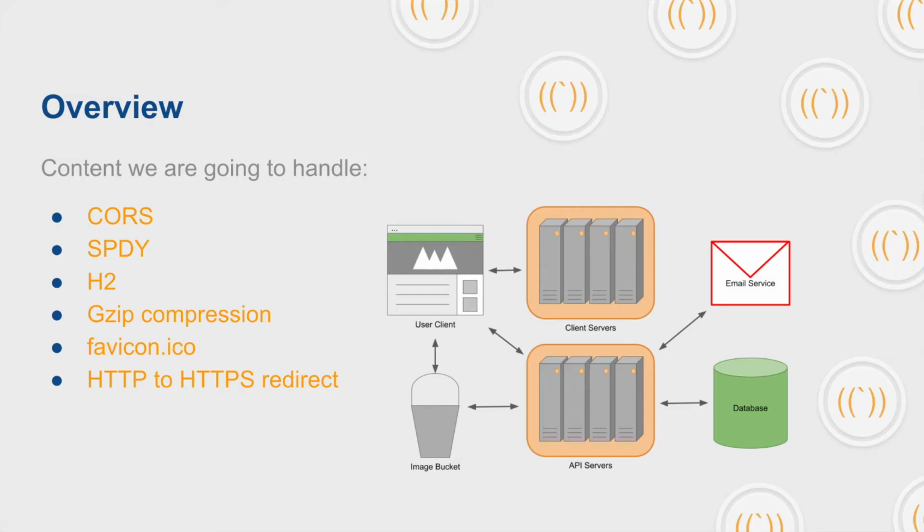The content we are going to cover today on each platform is going to be CORS, Speedy, H2, which is typically HTTP2, gzip compression, favicons, and then redirects from HTTP to HTTPS. All of these are essential in creating a very secured server. These aren't the only precautions that you need to take, but they're the starting place of creating a very secured monolith, as well as API services in general.